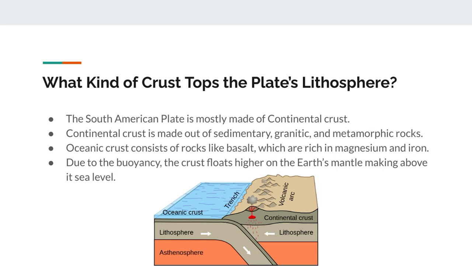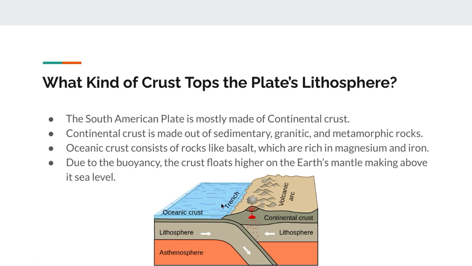What kind of crust tops the plate's lithosphere? The South American Plate is mostly made of continental crust, which is made out of sedimentary, granitic, and metamorphic rocks. Oceanic crust consists of rocks like basalt, which are rich in magnesium and iron.